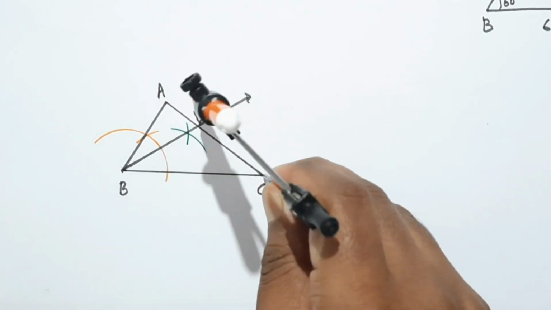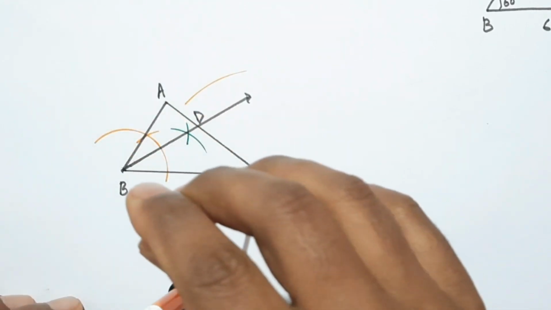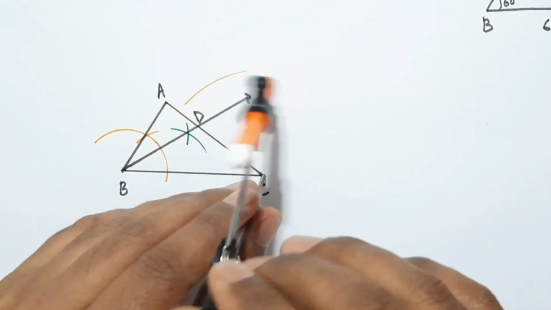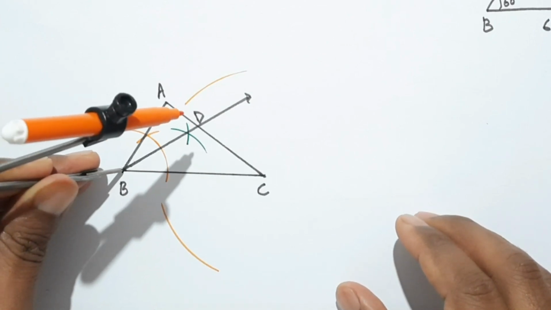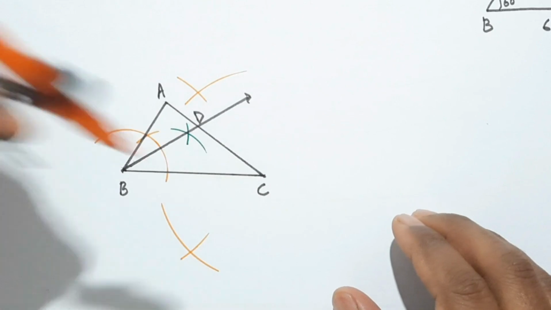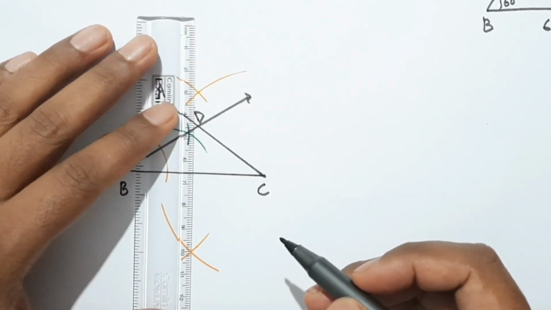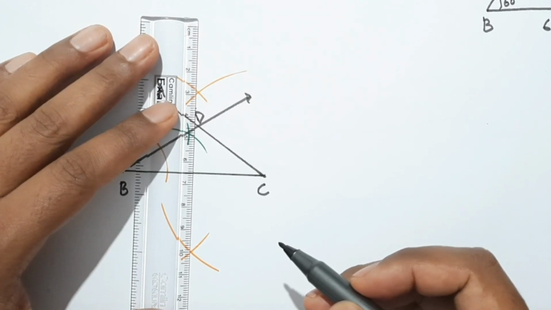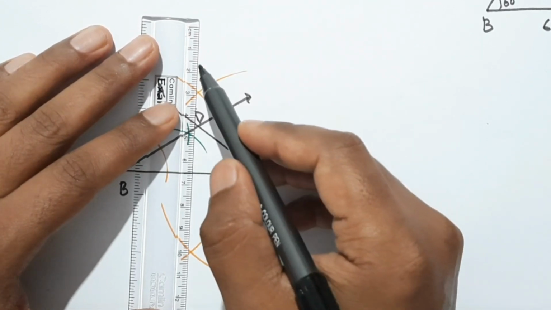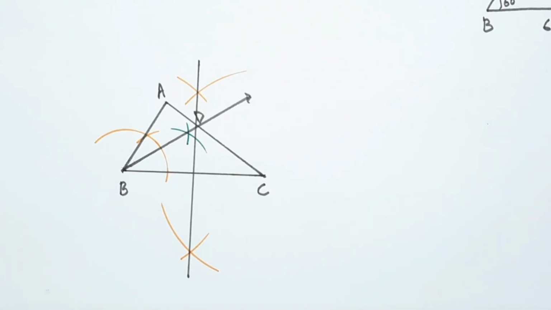Now taking the same compass at point B, cut this arc, and the same at C. So this is our perpendicular bisector of BC, or the locus of a point which is equidistant from B and C.